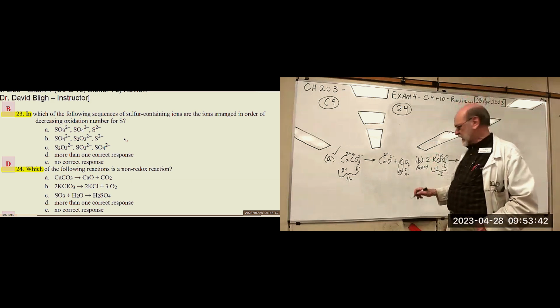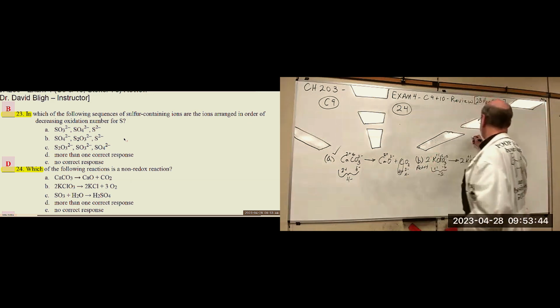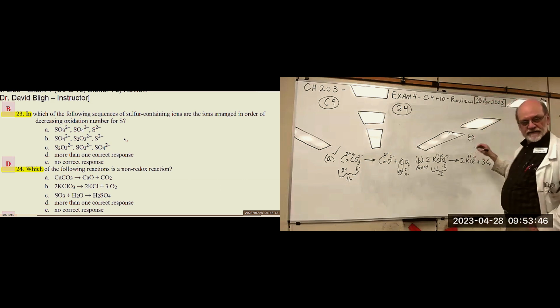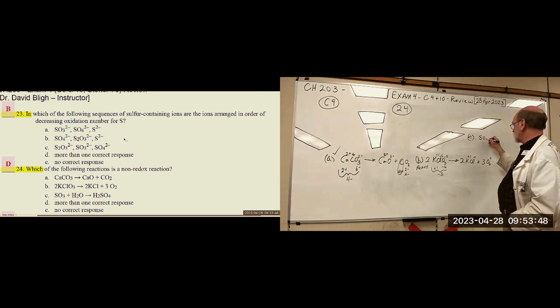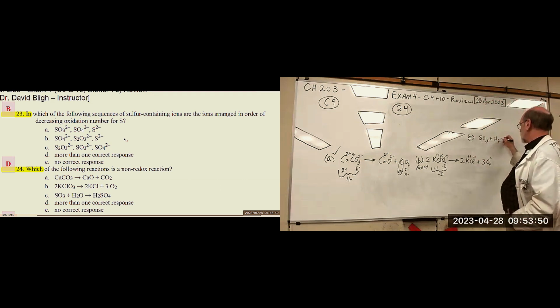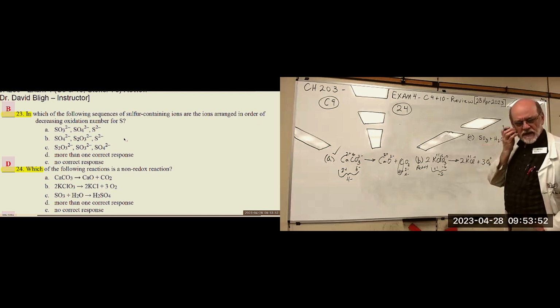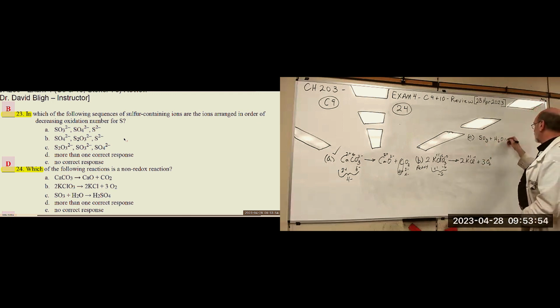So let's look at the next one. How about C? C, SO3 plus water, is it? Yep, H2SO4. Okay. This is a 2 minus. This is a +1.